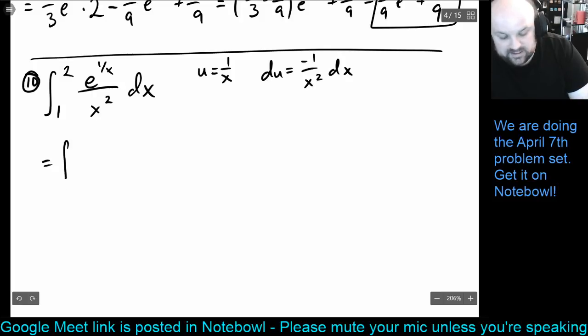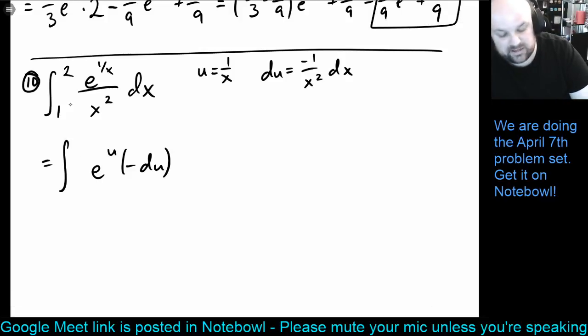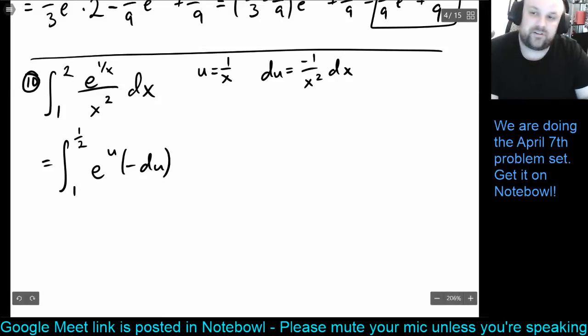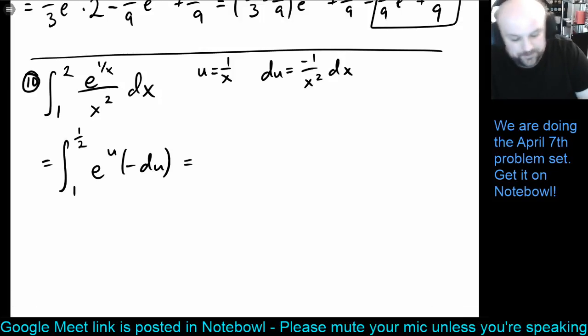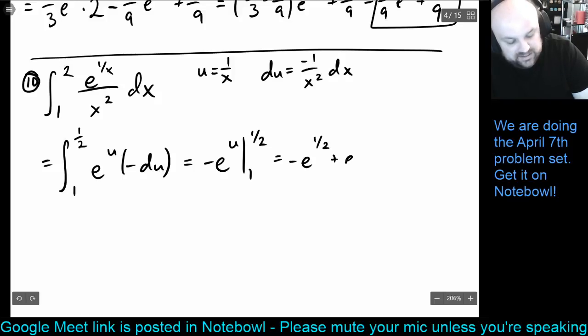So this integral is e to the u times minus du. Right? So plug in 1 to the bottom here, you get 1. Plug in 2 to this, we get 1/2. Okay? So this is just a u sub problem. Wanted to make sure you didn't forget about u sub. So here, we integrate this, we're going to have minus e to the u from 1 to 1/2. So that's negative e to the 1/2 plus e.